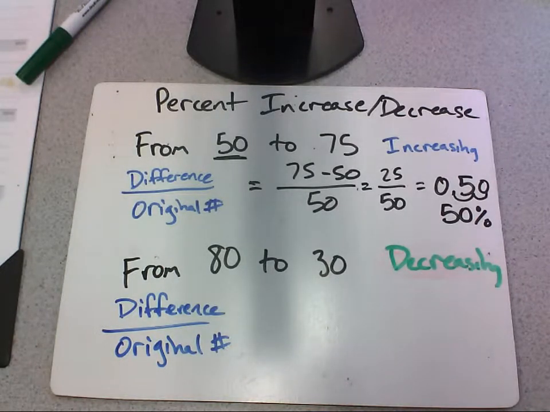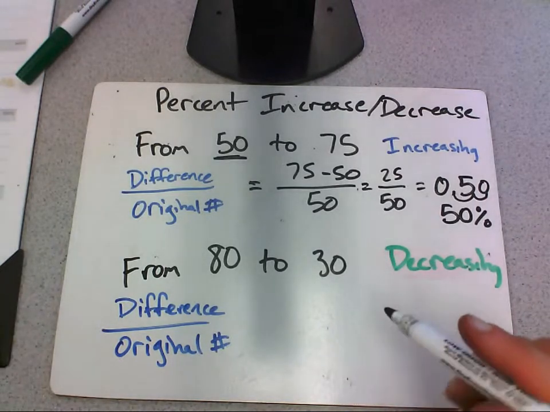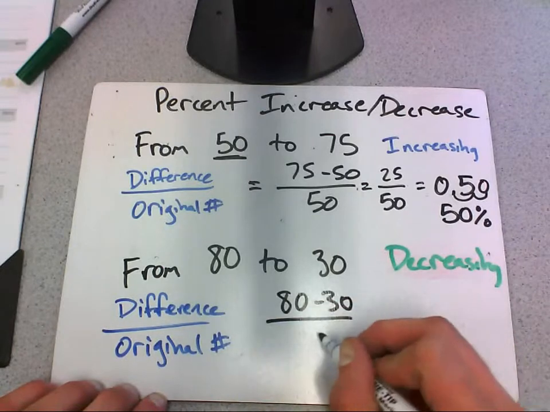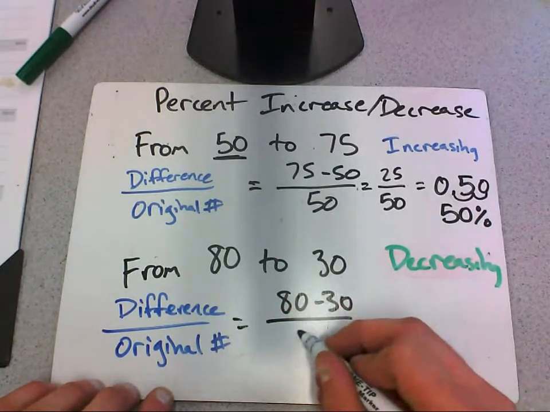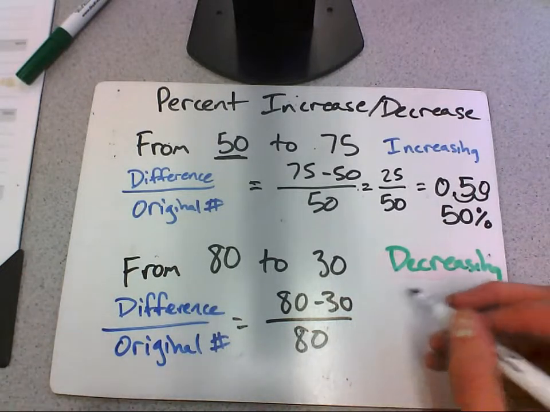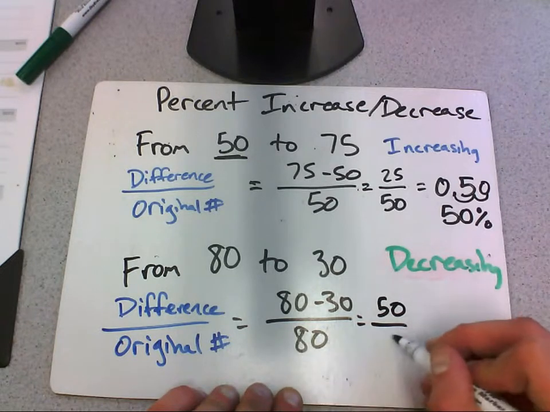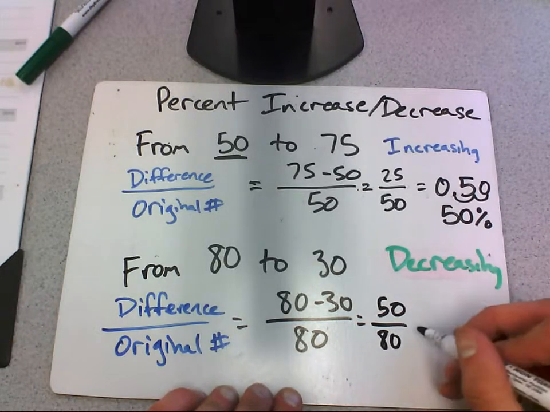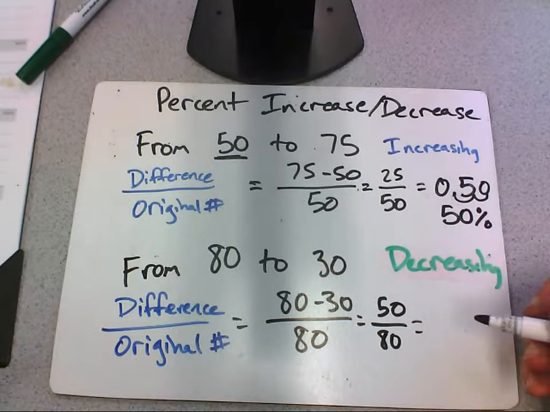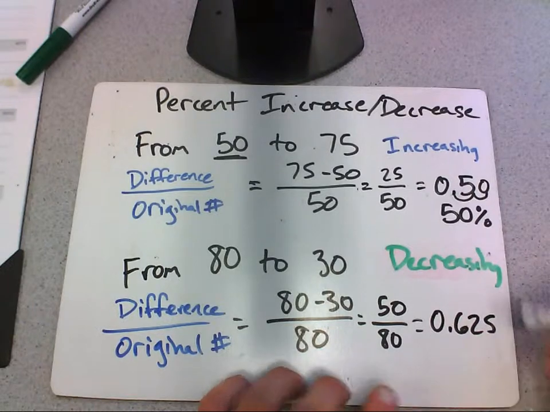So next, we are going to go from 80 to 30. So let's find the difference between the two, divided by the original, divided by that starting number. 80 minus 30 is 50, divided by the original, and when I divide these two numbers, I get 0.625.